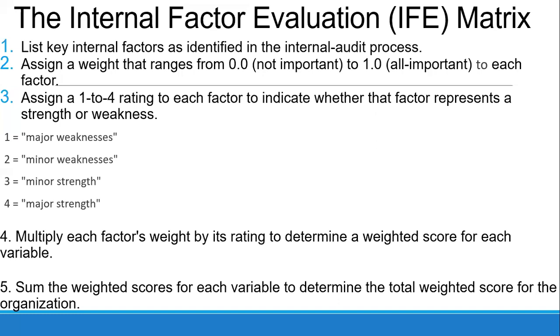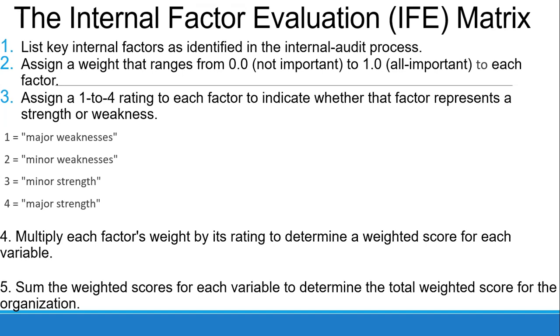So having assigned the weights to the various internal factors, the next stage in the process of conducting an internal factor evaluation matrix is to calculate the total weight score. The total weight score is computed by multiplying the weight of each factor by its rating.